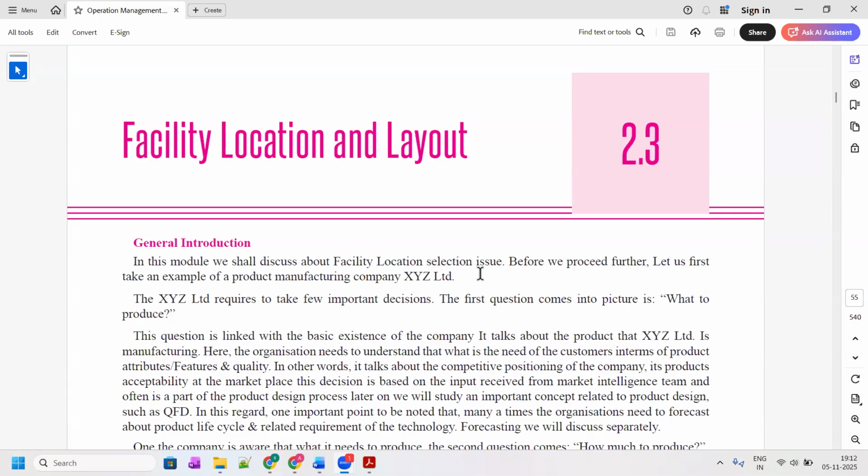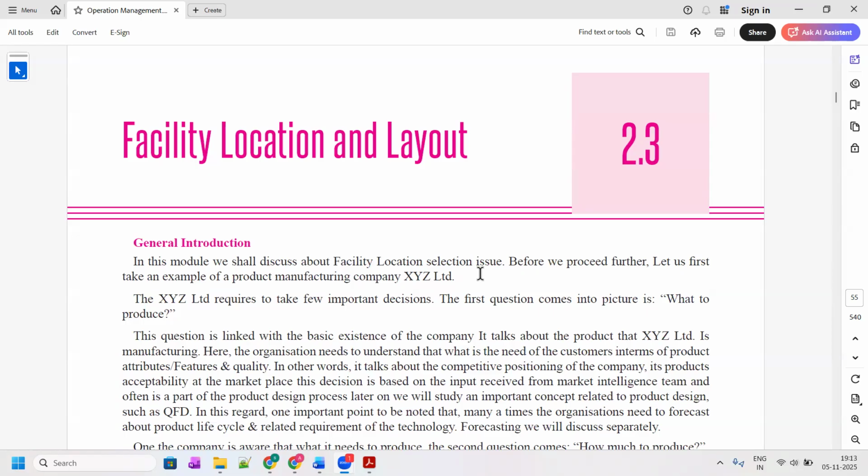Before we go further, guys, can you mention what you understand from this term, facility location and layout? Any idea what this topic would be all about? With the word, you can understand facility location.